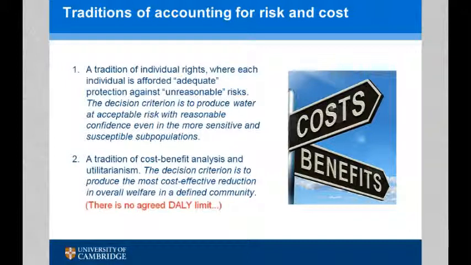However, the nice feature about the individual rights approach is that we do have agreed ideas as to what is, for example, the maximum acceptable probability of lifetime excess cancer or something like that. We don't have any real agreement in the scientific community or in the medical community about the analog of that, which is a DALY limit.